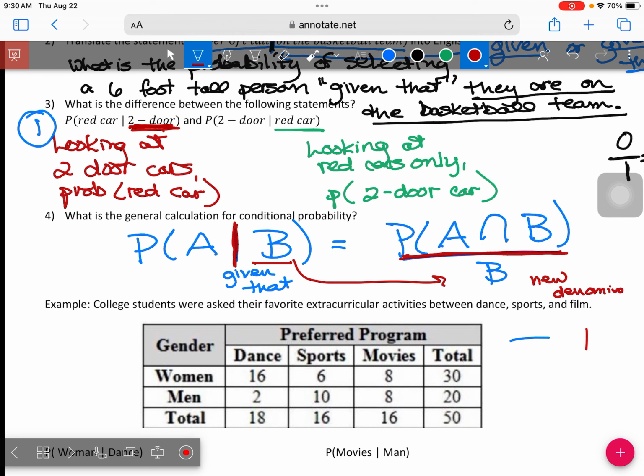New denominator. That only happens when you have that vertical line. Let's take some notes. Come on.